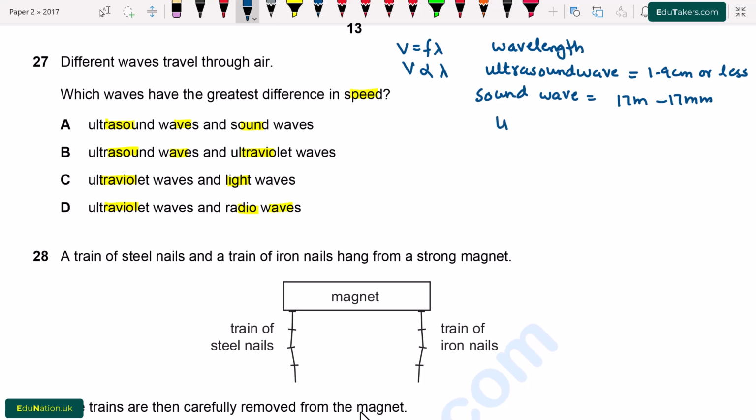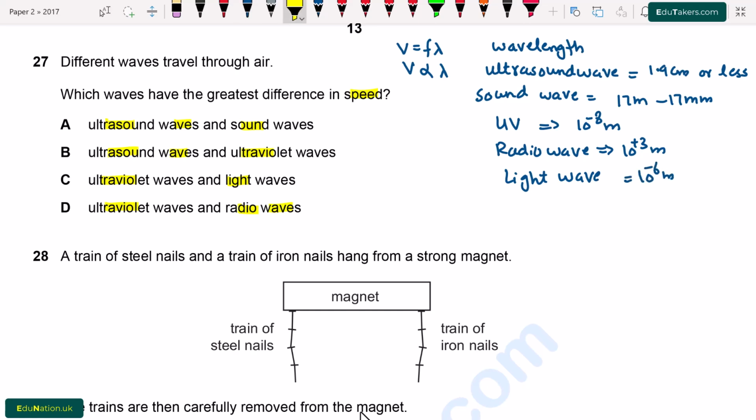For the ultraviolet light, wavelength range is 10 to the power minus 8 meter, and for radio wave, wavelength is 10 to the power plus 3 meter, and for the light wave, wavelength is 10 to the power minus 6 meter.